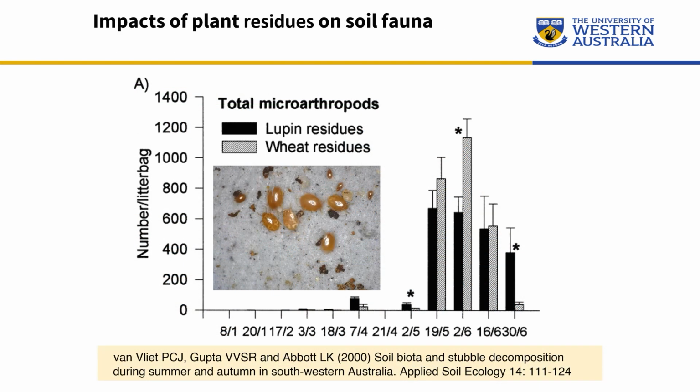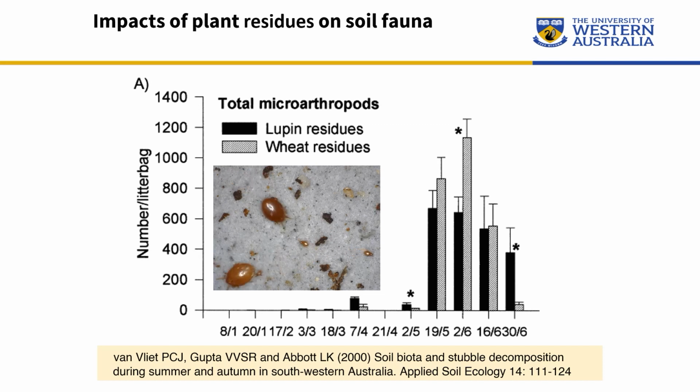Now, when you go looking for organisms, we did a study with Gupta out in Western Australia, looking over time, counting little animals. And if you go at the wrong time, you can't find any. So in the summer, you can't find them, but their life cycle is set up so they appear when it starts to rain.